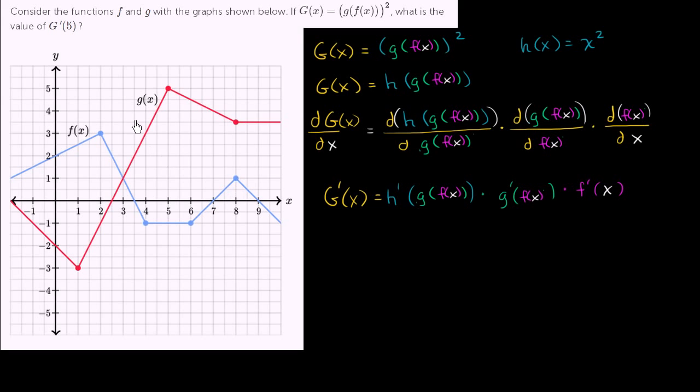And going from this to answer the question they're asking of us actually isn't too bad. We want to know what capital G prime of 5 is. So everywhere we see an x, let's change it to a 5.